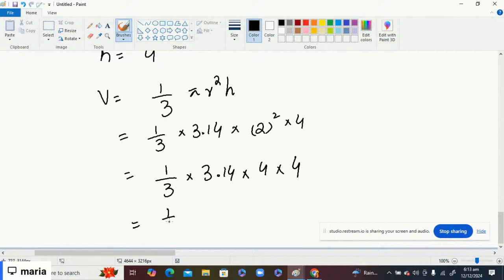First of all multiply 3.14 times 16, and now you are going to divide over the 3, that is 16.74. This is the volume of this cone.